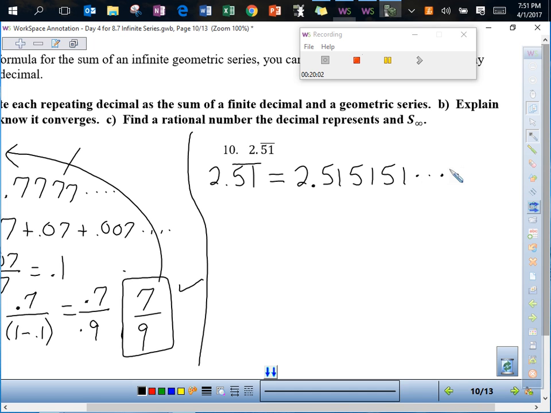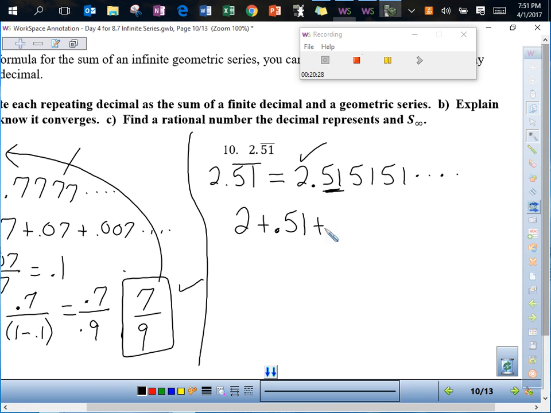Now guys, ask yourself, what decimals are repeating? It's that 51 part. So picture this. I'm going to think of this as 2 plus. So I've taken care of this. Now I'm going to take into consideration what repeats, the 0.51.